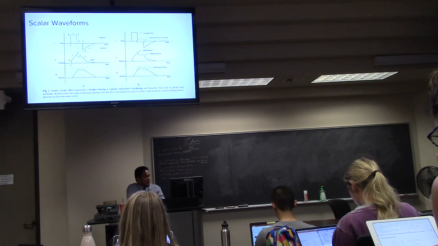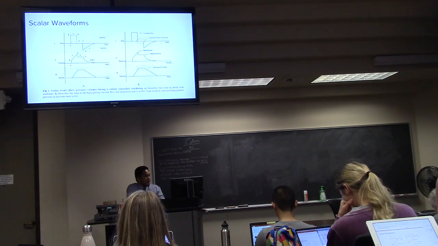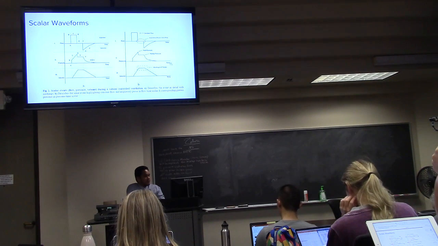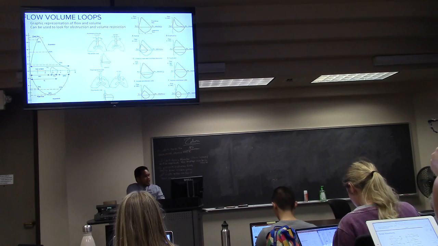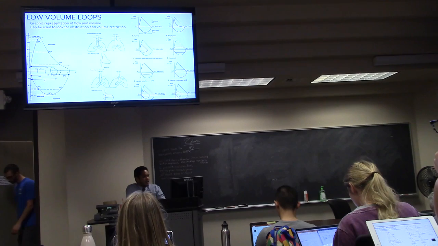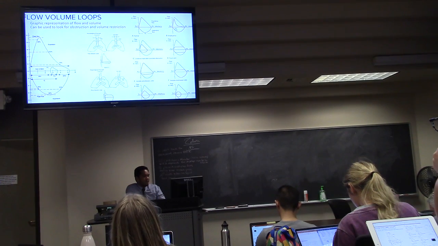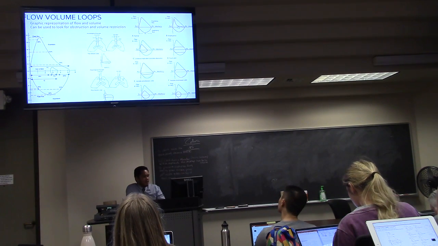So these are the waveforms that we were talking about earlier. Kind of useful a lot of times if you're troubleshooting the patient or if they're decompensating on the mechanical vent. And then the flow volume loops, kind of what we talked about, similar to pulmonary function tests. So say a patient has an intrathoracic obstruction, then their flow volume loop on the mechanical vent can look like this, where they can inhale, but they can't exhale very efficiently.